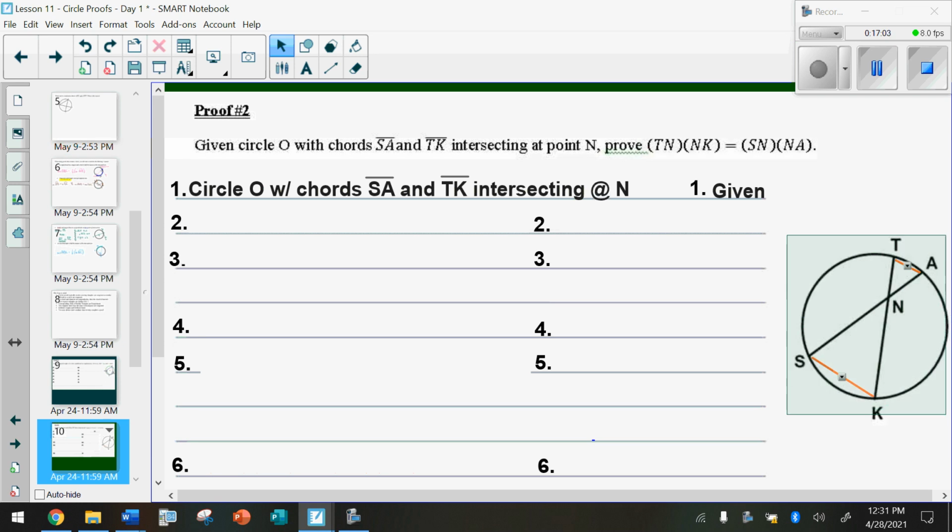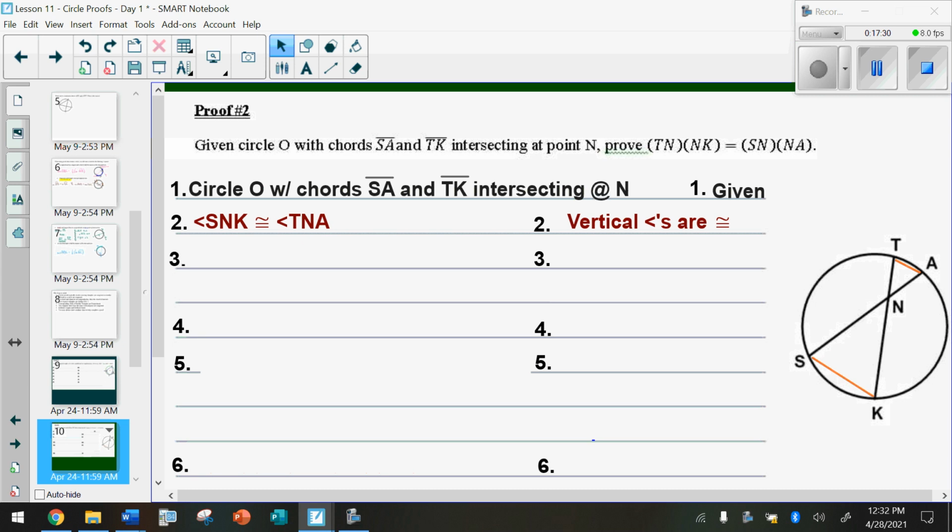So we are going to prove these two triangles that we just created similar. And to prove triangles similar, we need angle-angle similarity. So we need two pairs of congruent angles. So here we go. Angle SNK and TNA are vertical angles. That's probably the easiest and most obvious pair of angles that we are going to get congruent.